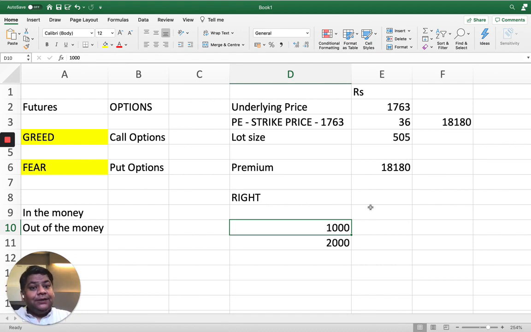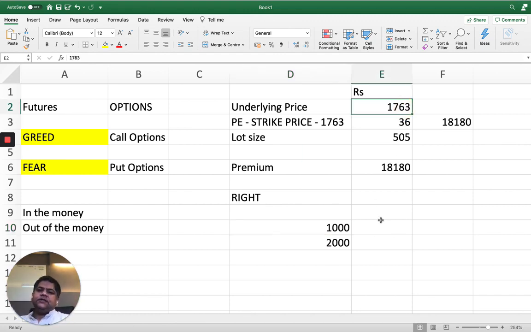So if, at 1763, remember, if Reliance goes to 1000 rupees, meaning the market price tomorrow of Reliance will be 1000 rupees, then will you go and sell at 1763 or not? I'll take a pause here and you think about the answer. Repeating the question.